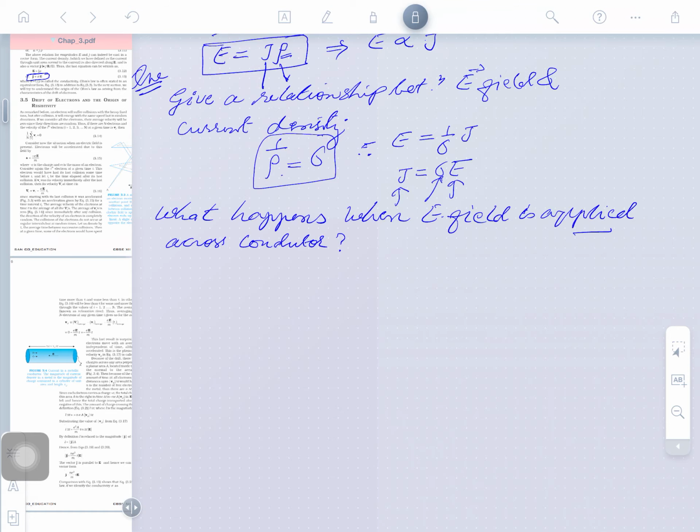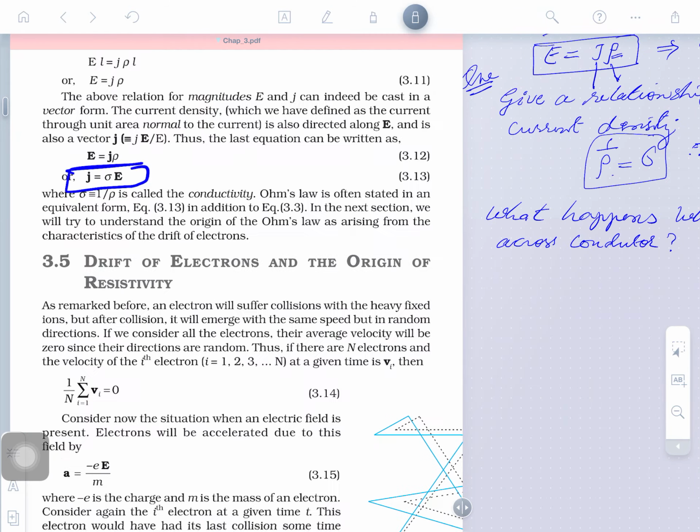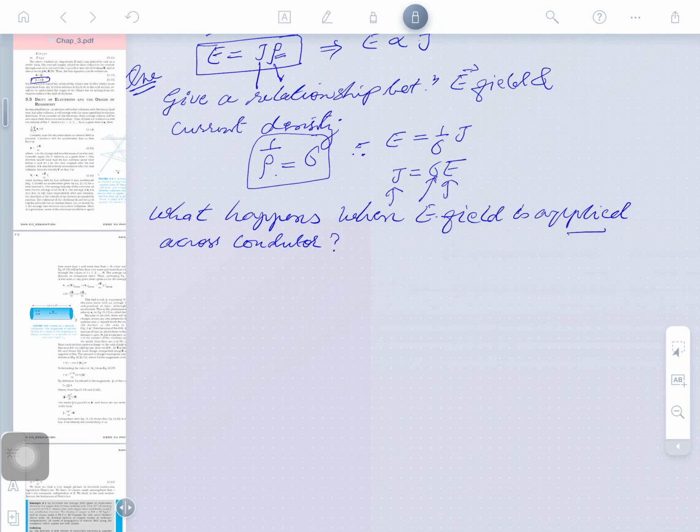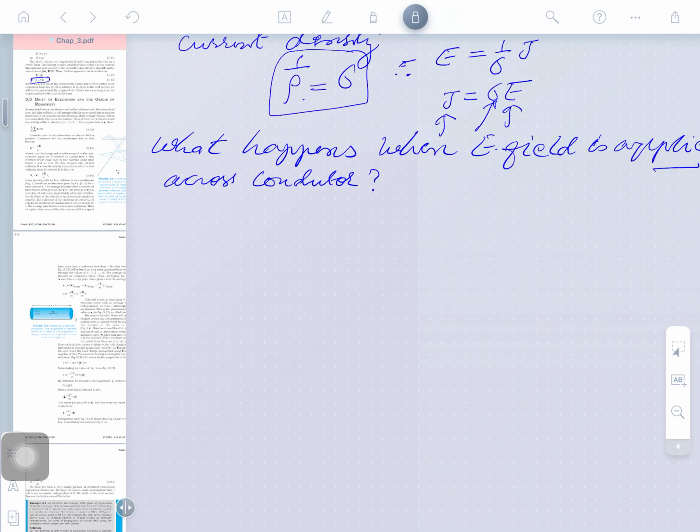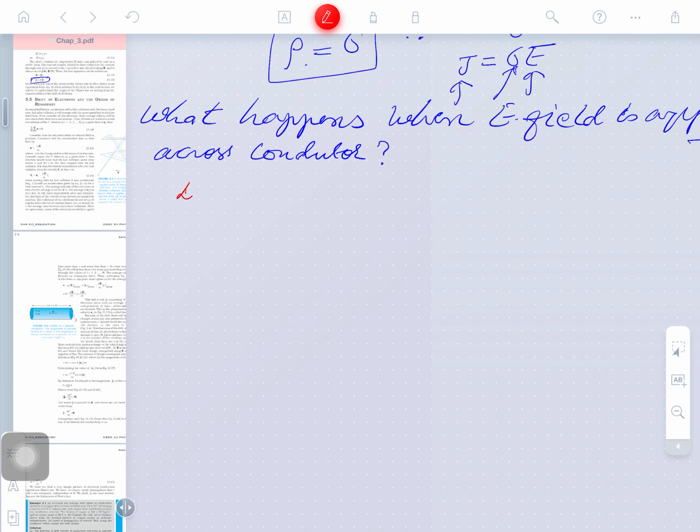The next concept is the drift velocity and the origin of resistivity. So please write, guys: drift velocity. What do you understand by drift velocity?